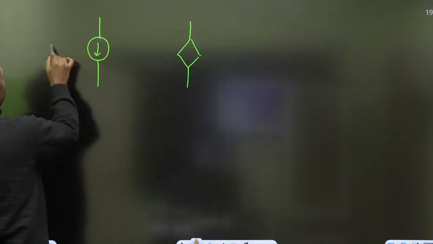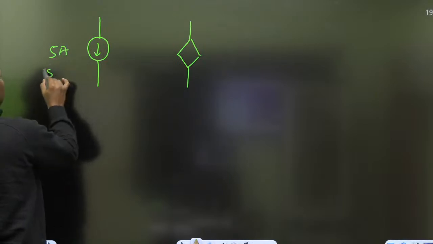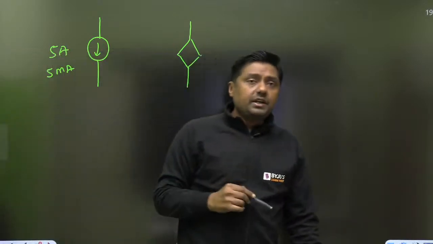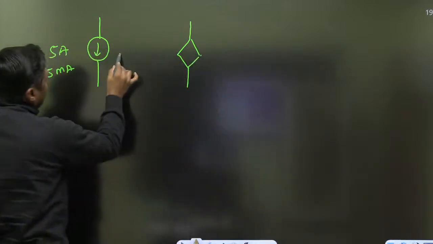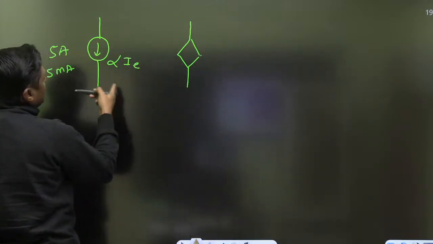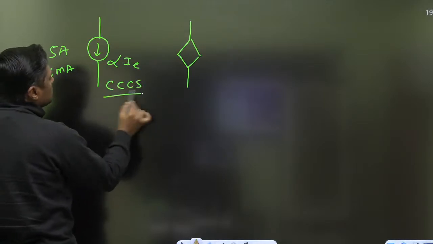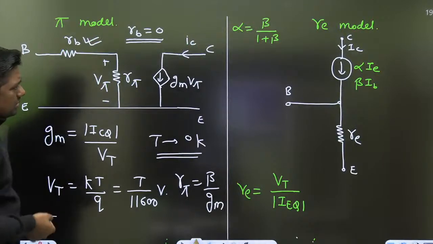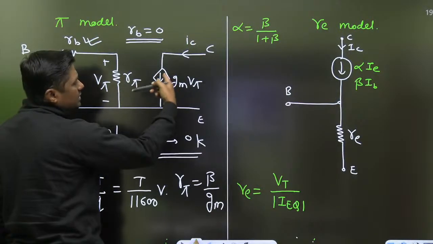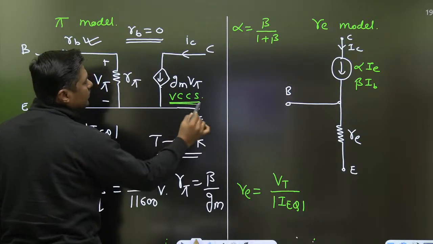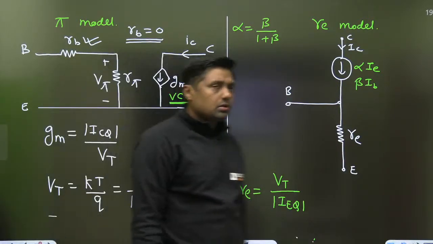If I am representing alpha I, it depends upon the current. It is a current controlled current source. So no problem, I can use here gm v pi. It is a voltage controlled current source. Okay, no doubt.